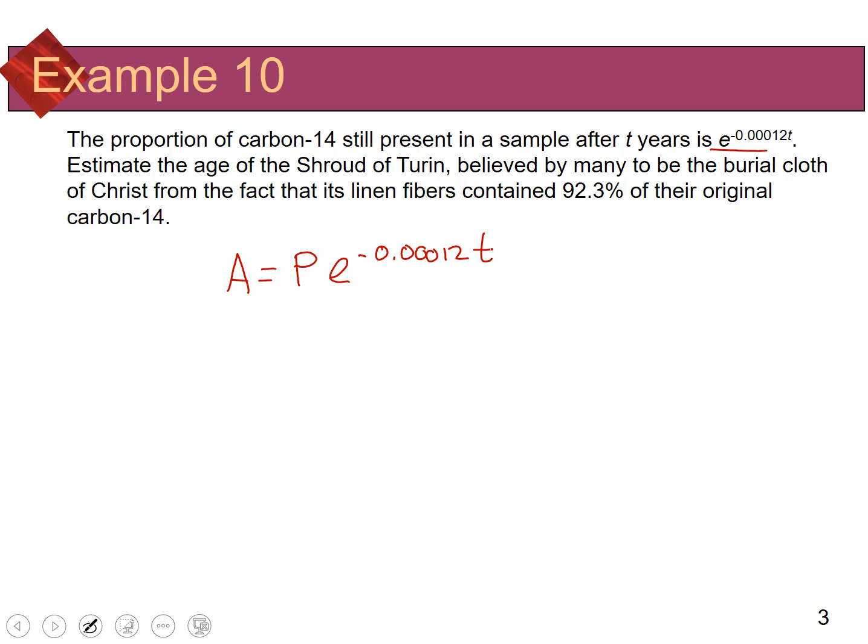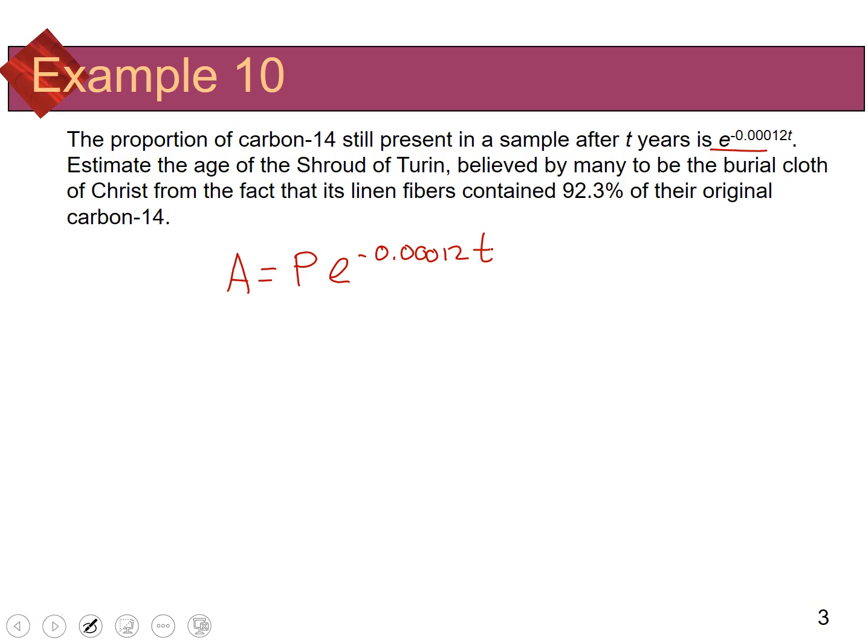Based off of that, we know how much carbon-14 tends to be in our system when we're alive, and then once we stop breathing, it's no longer going to be reintroduced to our system, so it's going to steadily decay. It's going to decay by certain percentages over time. That's how it works.